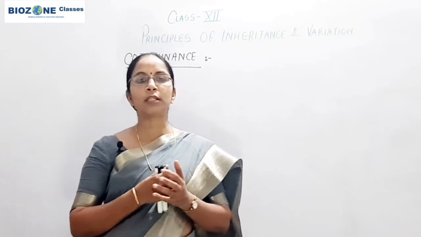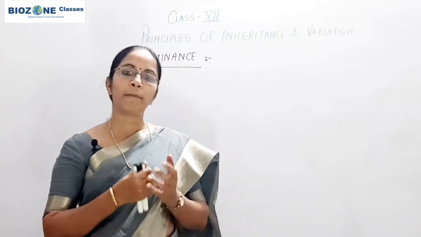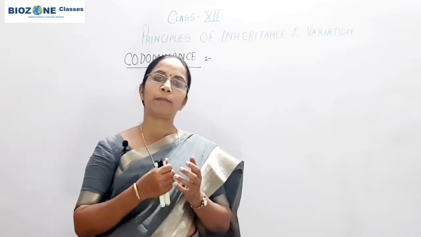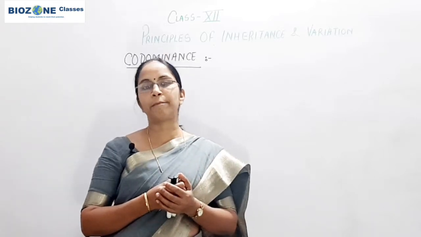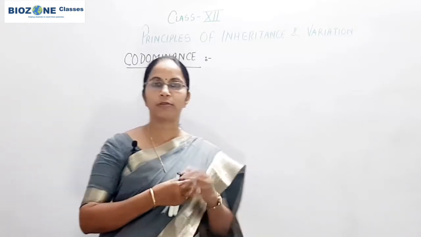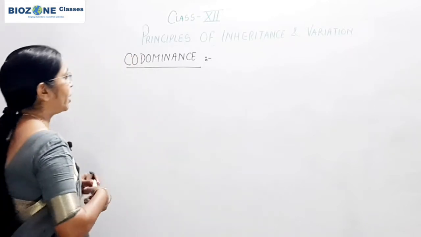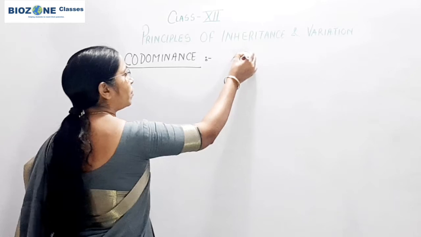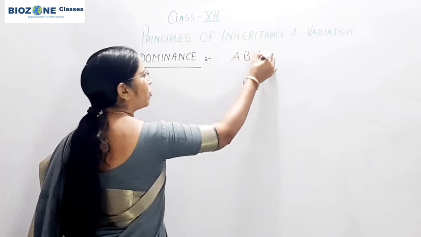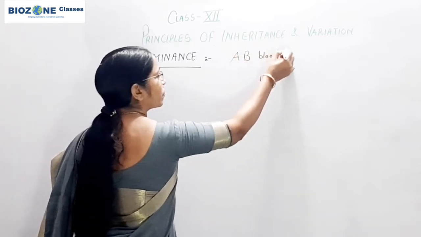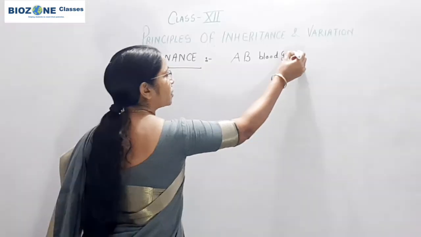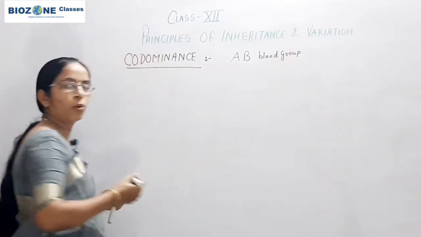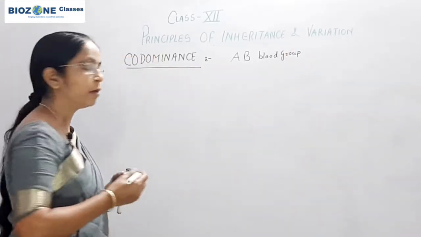Among these, the AB blood group is the example of codominance in human beings.